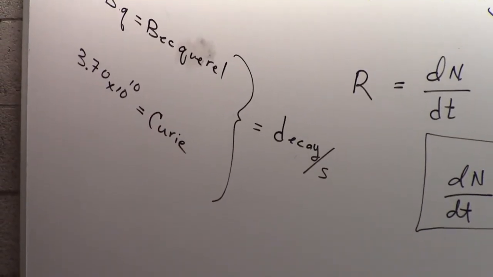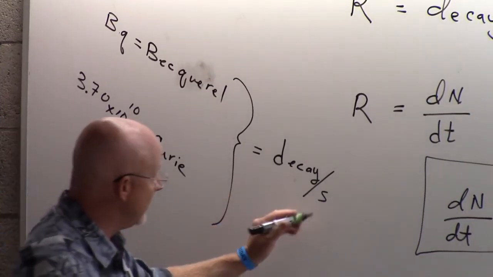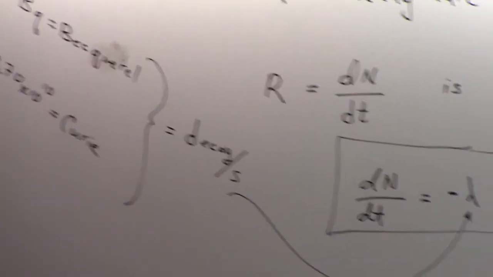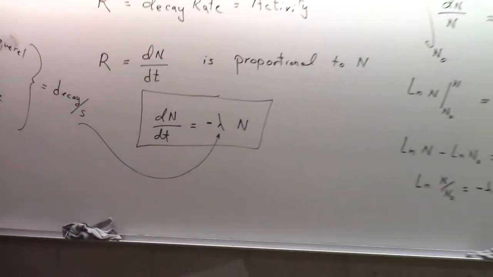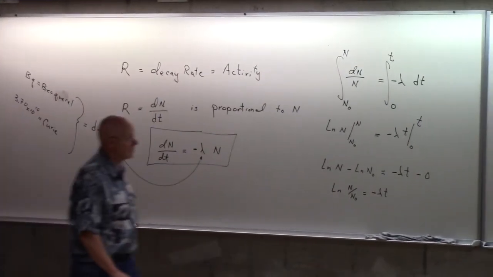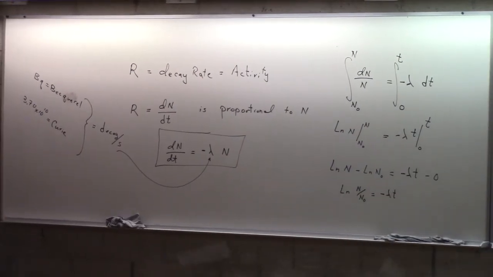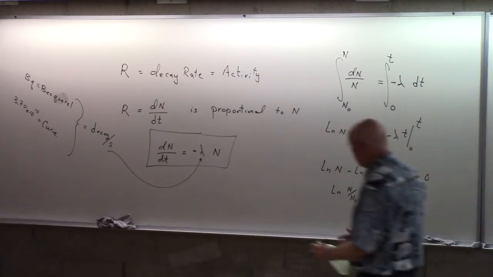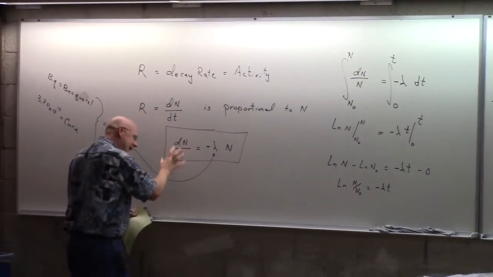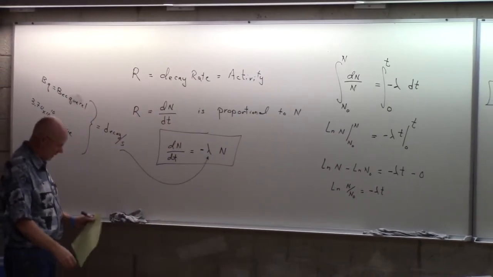But either way, that would be the unit to measure this decay constant. How many decays per second? I guess it's also the unit for the rate, because this doesn't have a unit. Same unit as our decay constant.